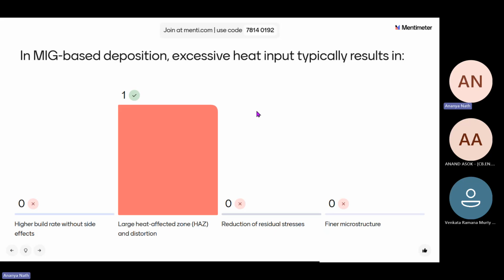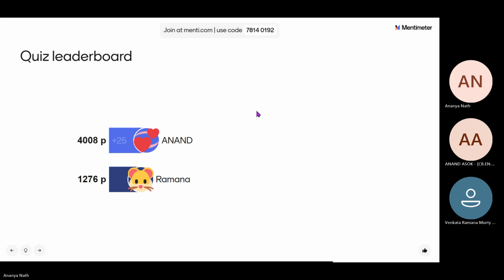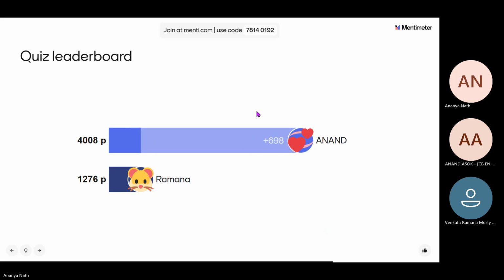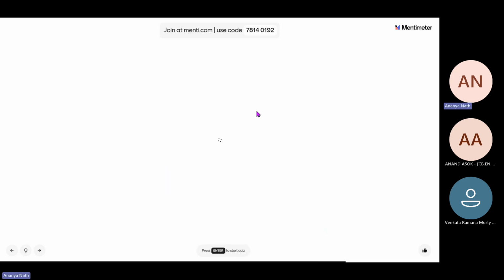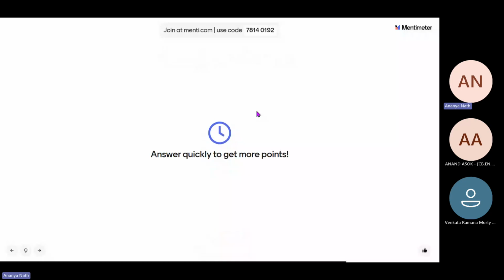Large heat affected zone and distortion. Right answer. Next is our 13th question.